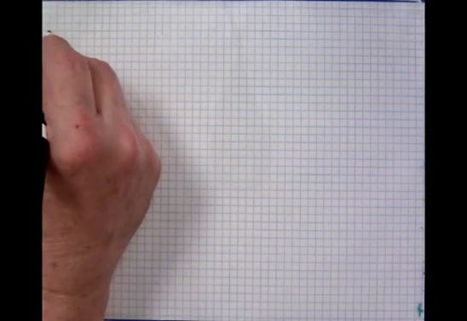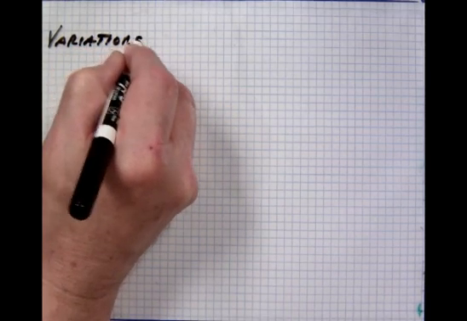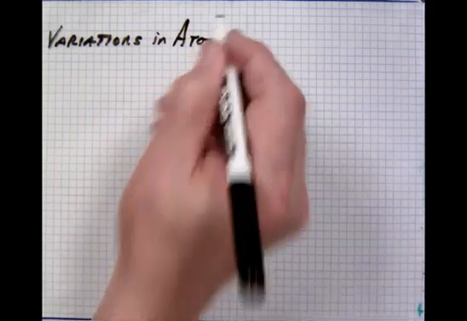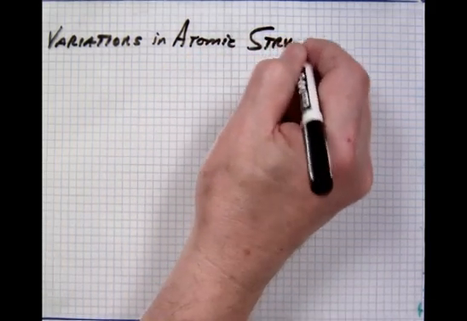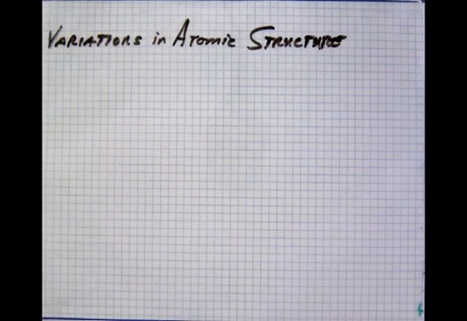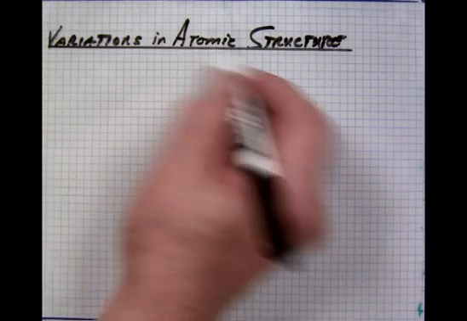Next is the variations of atomic structure. There are two variations in atomic structure.